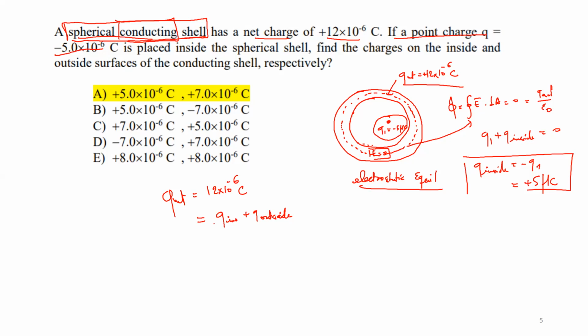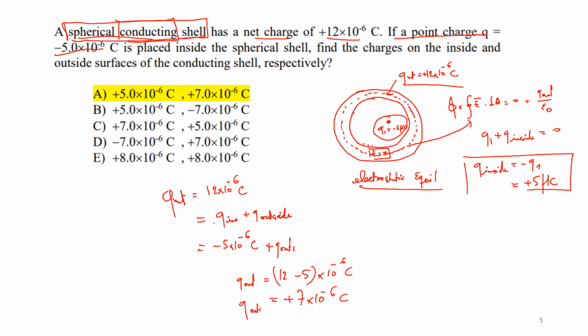Now, charge inside, I already know it. So this is just +5 × 10^-6 coulomb. And this is charge outside. So that means that my charge outside will be just 12 minus 5, times 10^-6 coulomb, which is +7 × 10^-6 coulomb.